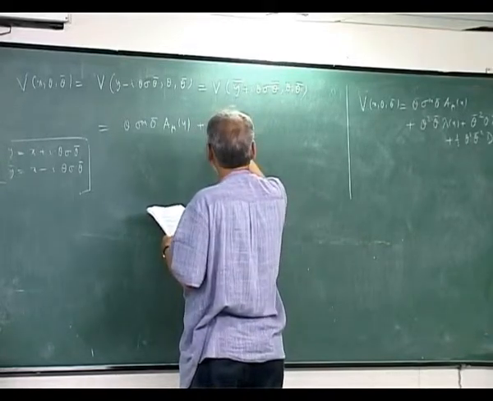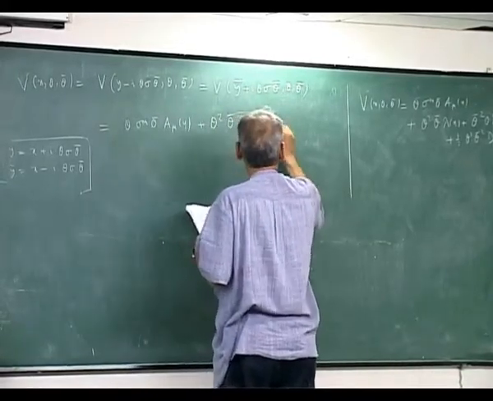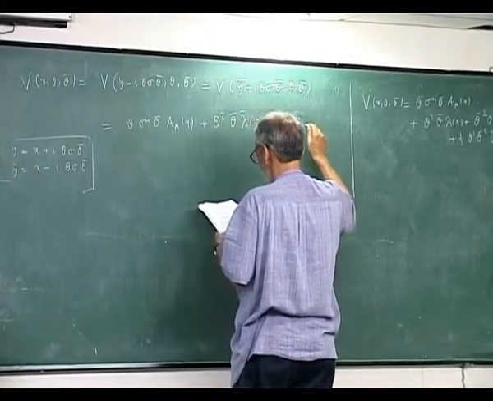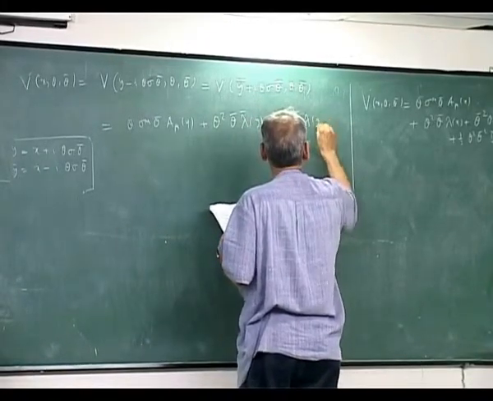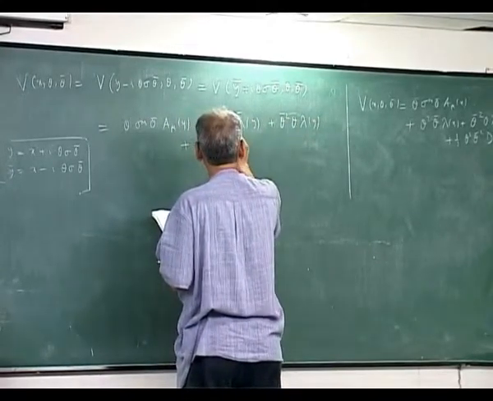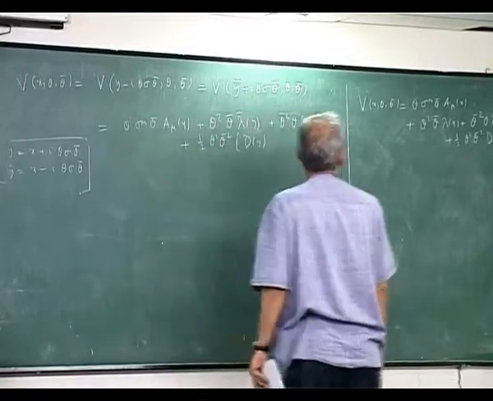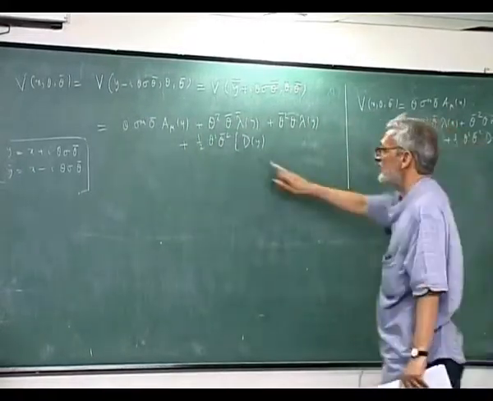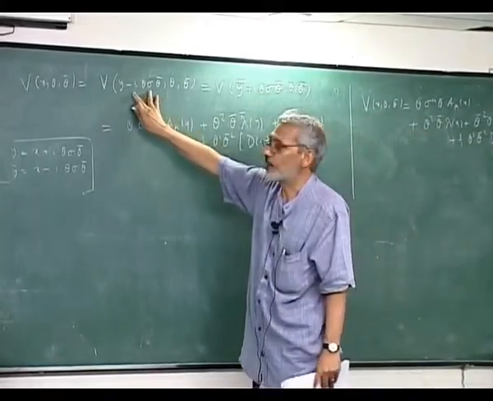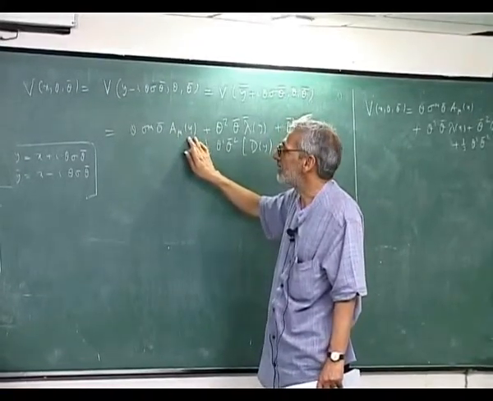Theta square theta bar lambda bar of y, theta square theta bar square theta lambda of y, plus half theta square theta bar square D of y. That is these terms. But instead of y, I would have had this combination here, so I make an expansion there.